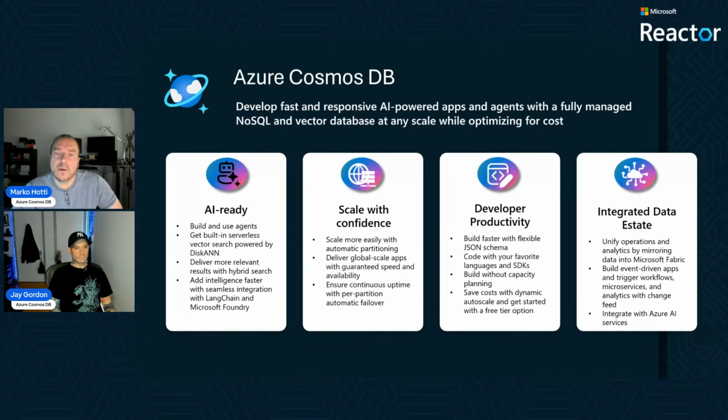Also, I used to be a DBA on a relational system, so I got used to creating indexes on my data. With Azure Cosmos DB, you don't really need to worry about indexing because everything is done behind the scenes automatically. There is no manual tuning needed when you get started.